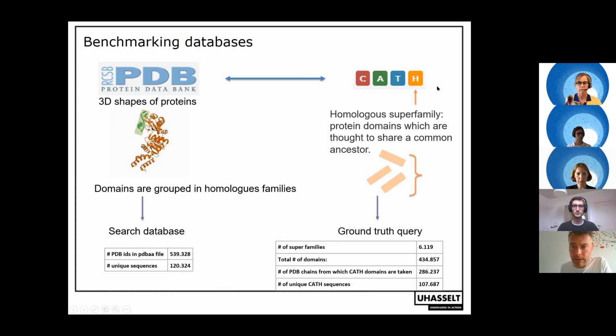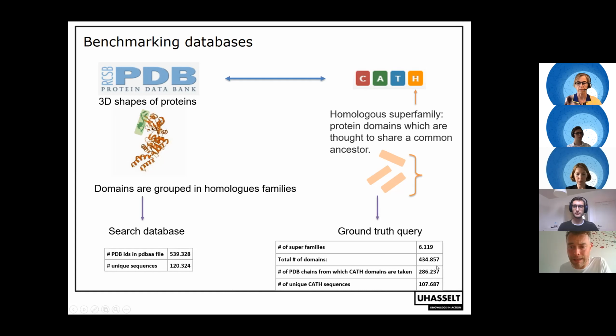And the CAT domains we will use as the ground truth query to search our protein database. As you can see, we use the latest daily snapshot of the CAT database containing over 6,000 superfamilies composed of more than 400,000 domains and so forth.